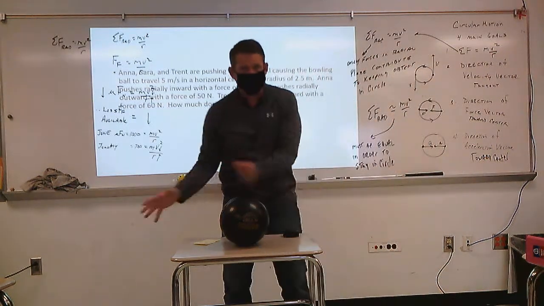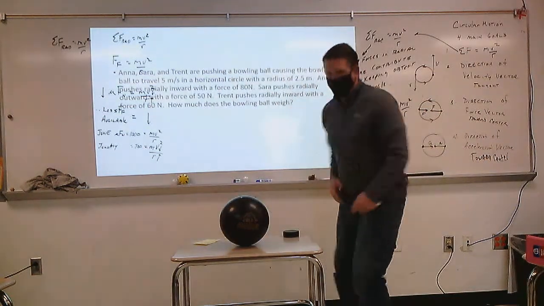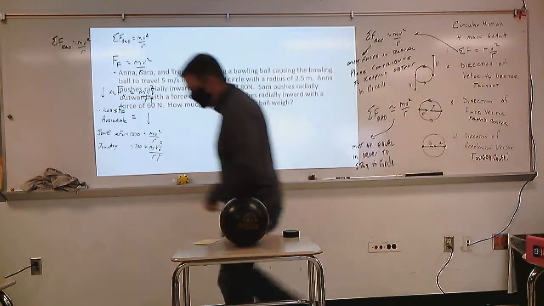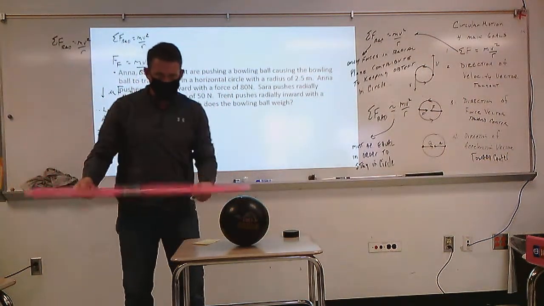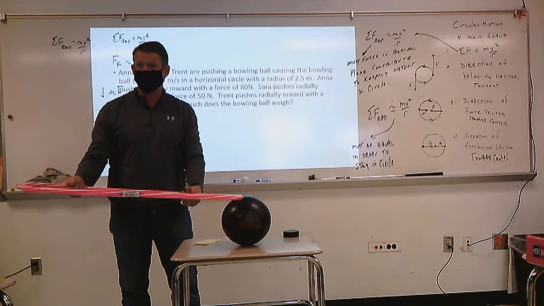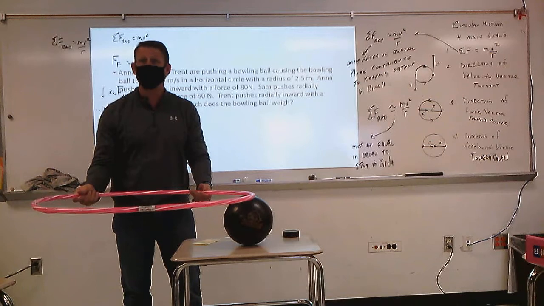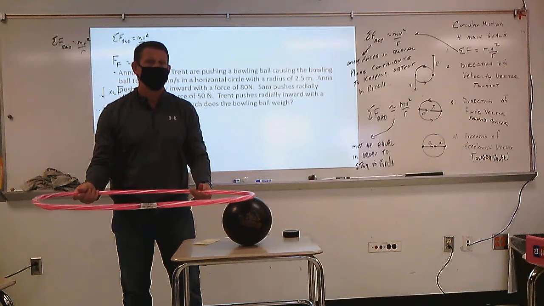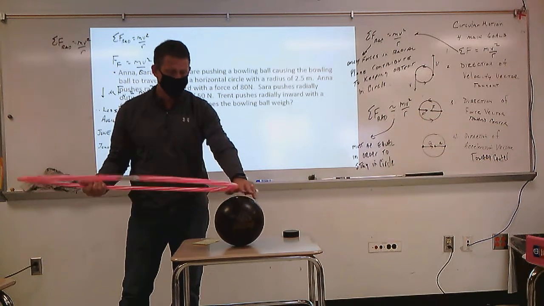Now imagine this as the surface. Let's say the ball is moving in a circle that can be illustrated by this hula hoop. That's a horizontal circle.